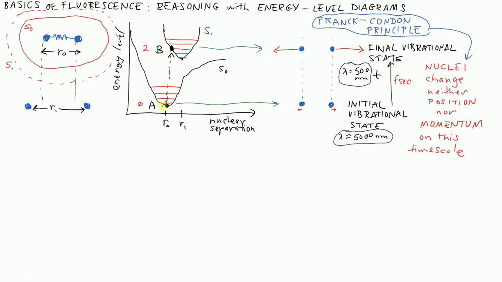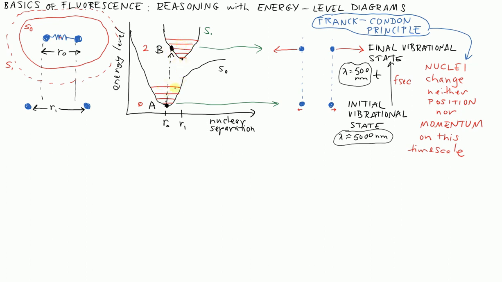Now what we have to think about is, when this is just depicting the absorption event, what happens when there's a fluorescence emission taking us from the upper state down to the lower state? So the important thing that gets asserted here is that the bowl corresponding to the S0 state and the bowl corresponding to the S1 state look the same except for the shift sideways and the shift upward, of course.